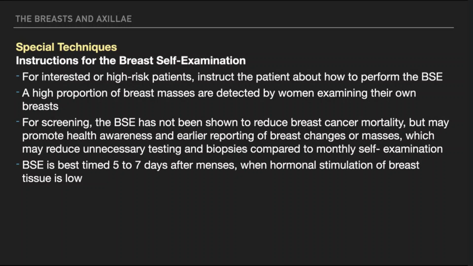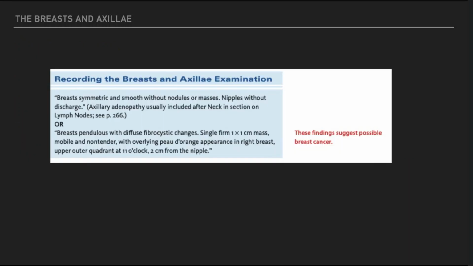So for abnormal findings that may suggest breast cancer: the breasts are pendulous with diffuse fibrocystic changes with a single firm 1 by 1 cm mass, mobile and non-tender with overlying peau d'orange appearance in the right breast in the upper outer quadrant at the 11 o'clock position 2 cm from the nipple.